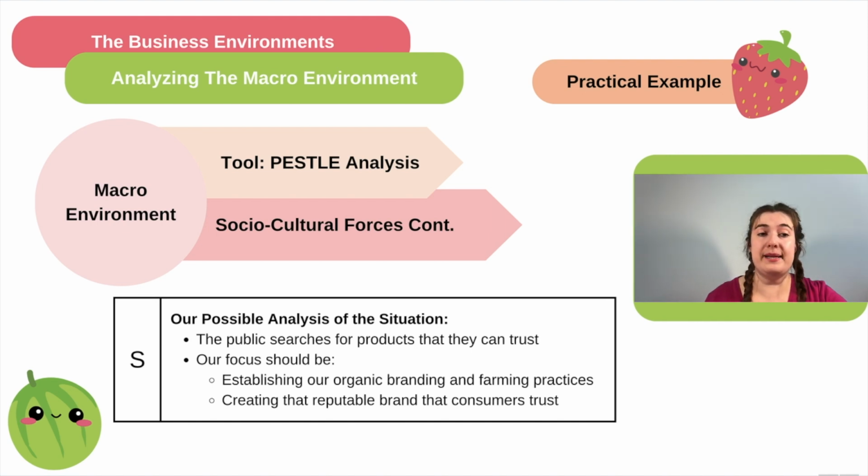So our focus should be establishing that organic brand. We need to be establishing that we are organic farmers. We're focused on clean and healthy living. We are creating that brand and that trust between us and our customers. And that means that we need to be networking with them, finding out what it is that they are looking for, what they desire when it comes to our product and our business.